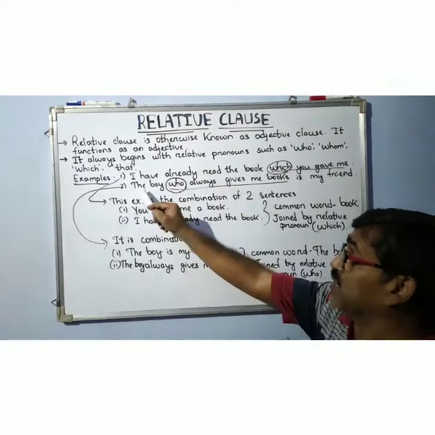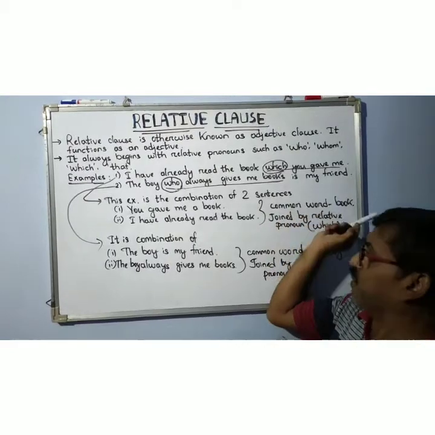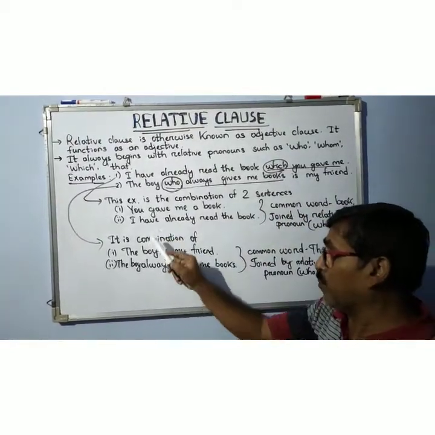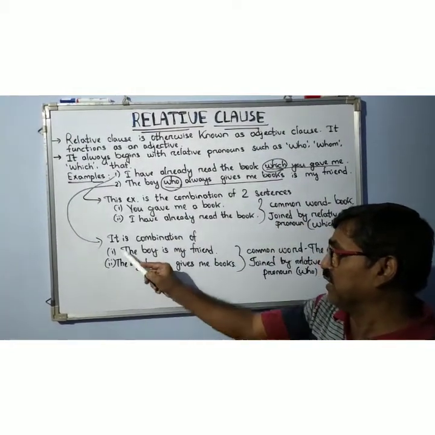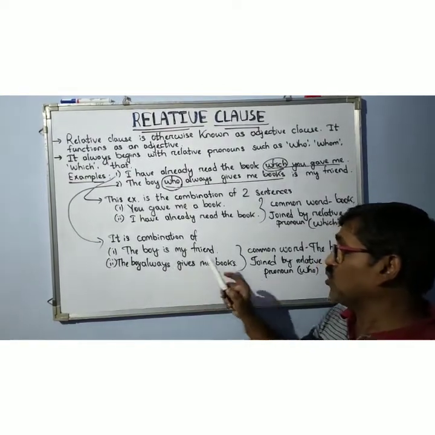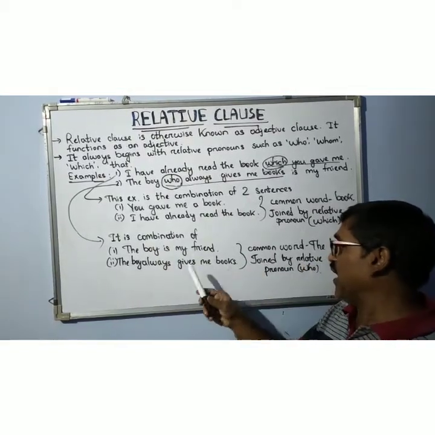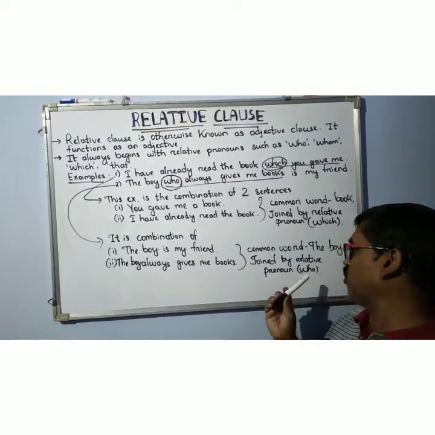Similarly, another example: the boy who always gives me the book is my friend. It is also a combination of two sentences: the boy is my friend, the boy always gives me the book. So here the common word is the boy, and it has been joined by the relative pronoun who.